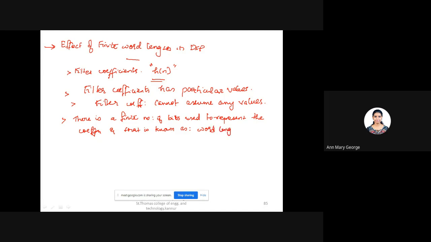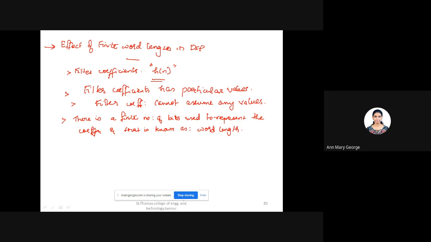എന്താണ് word length? What do you mean by word length? Word length means the finite number of bits that is used to represent the coefficients.